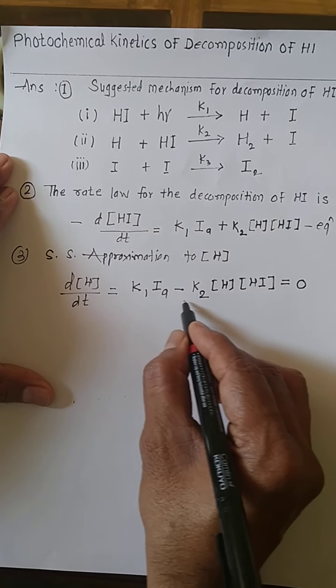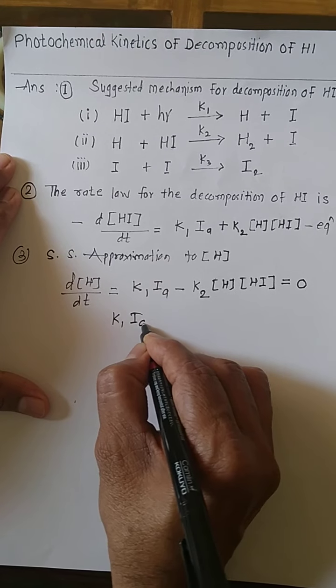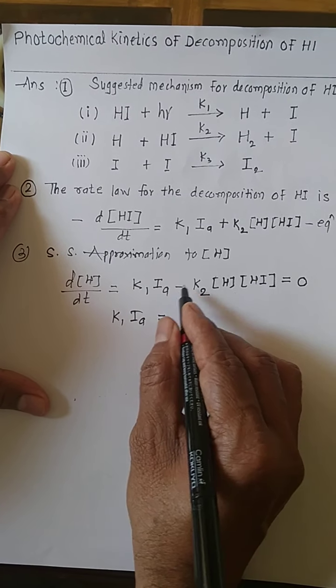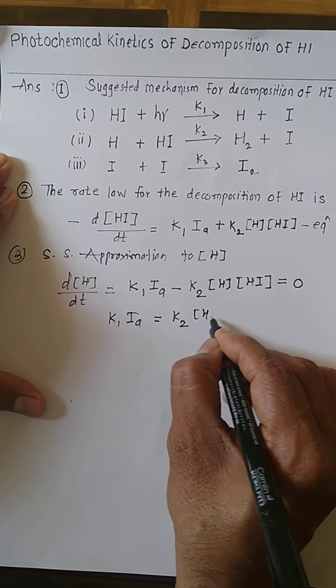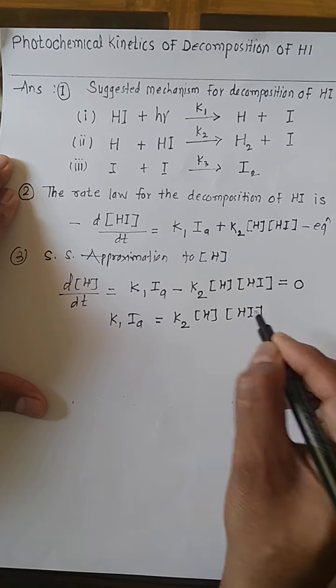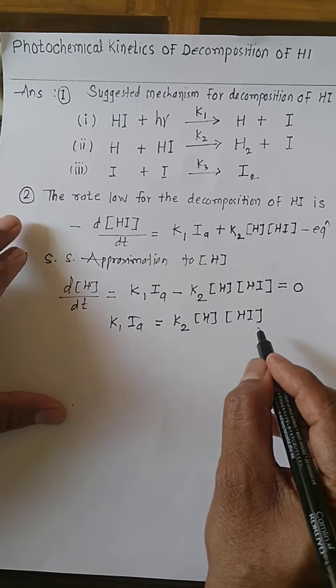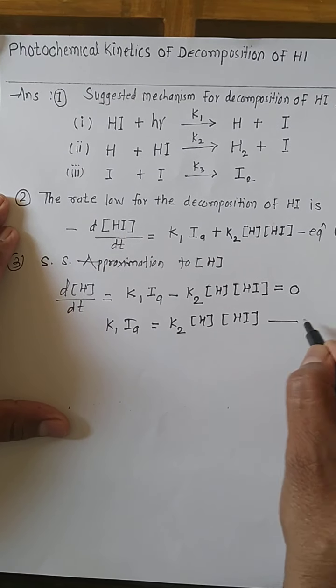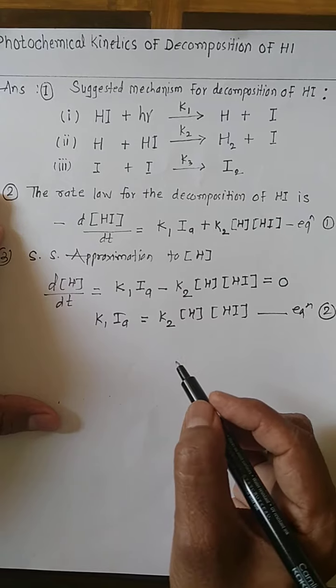Then rearranging these equations, K1 intensity absorbed is equal to K2 concentration of H, concentration of HI, then label this equation 2.